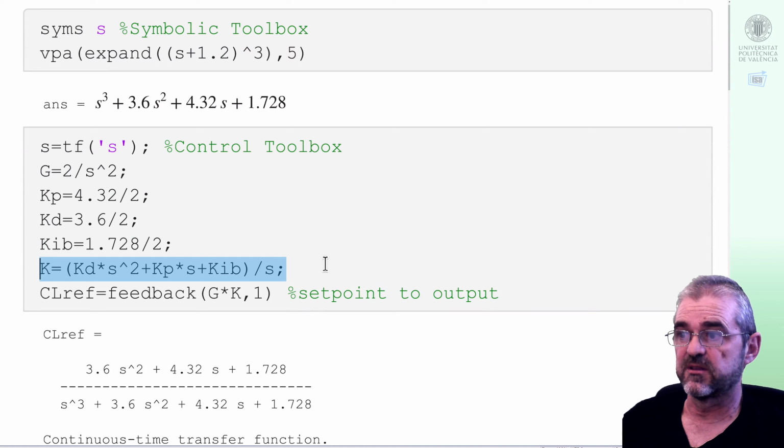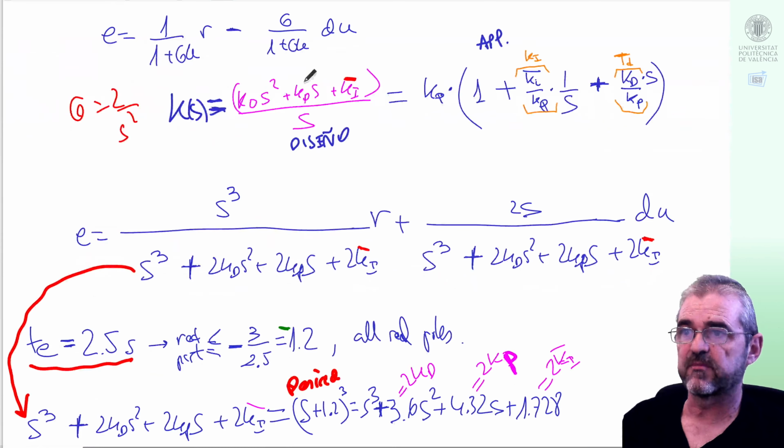So this is the closed loop controller. This is my PID parameterization of the controller we discussed here.